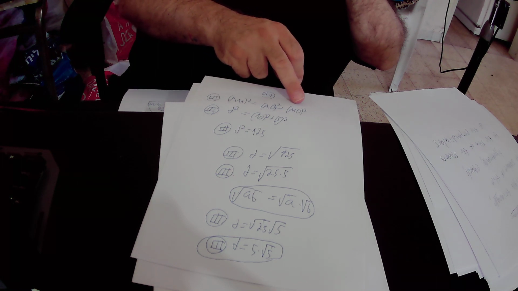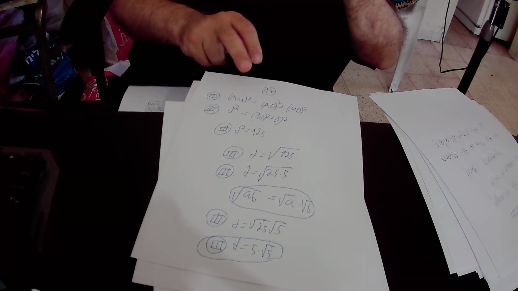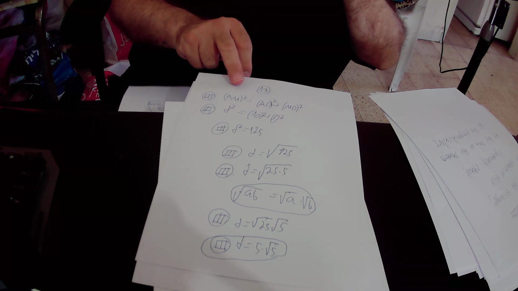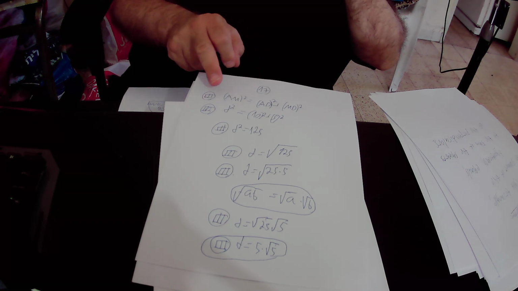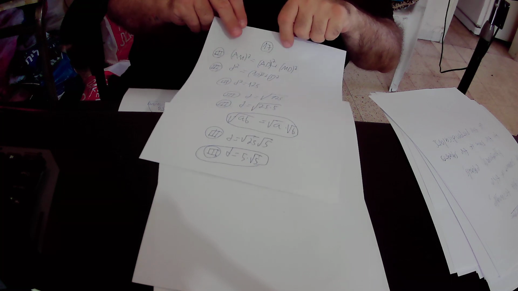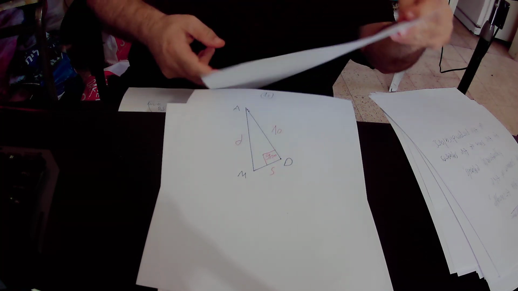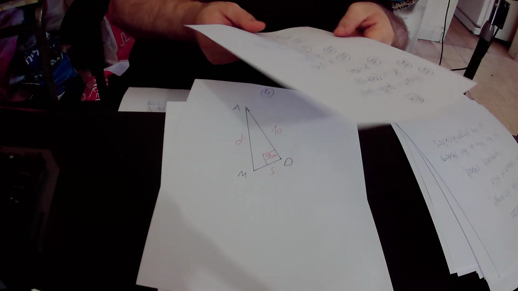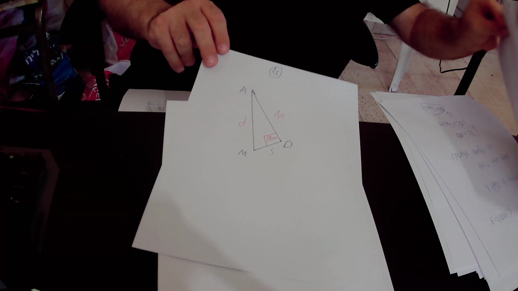And we know that MD equals 5 units, so we substitute MD by 5. We put it in equation number 3, and we got that D equals 5 times root 5.